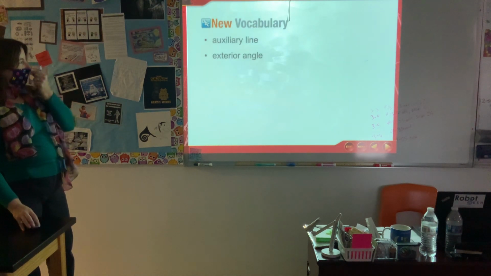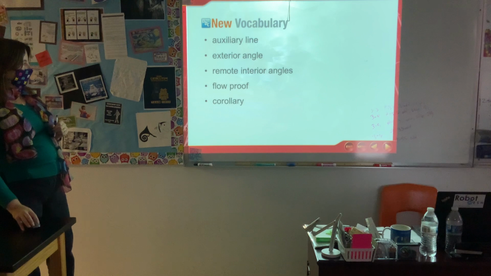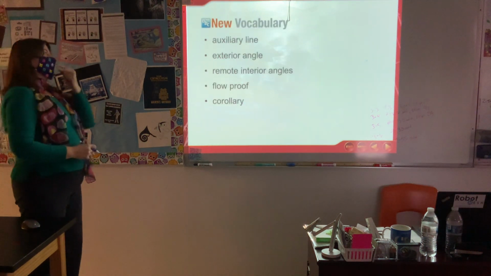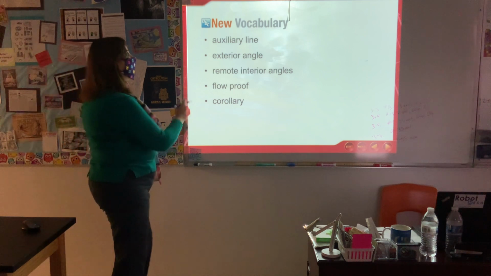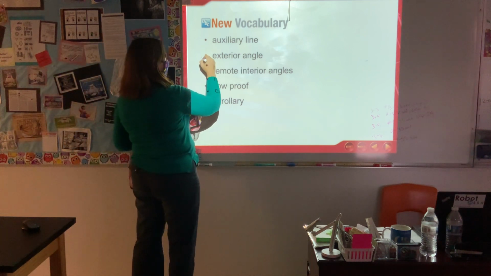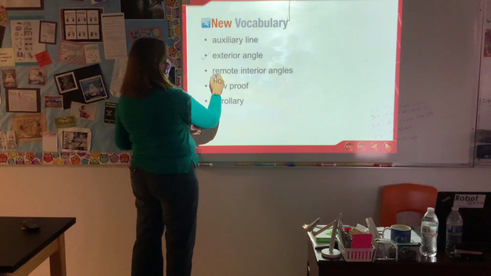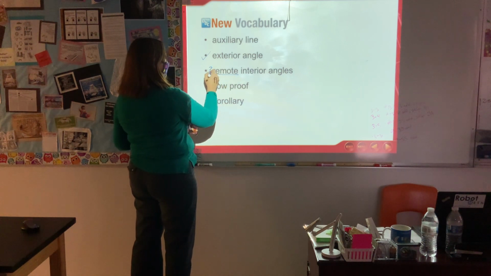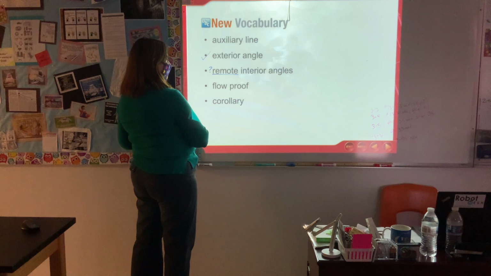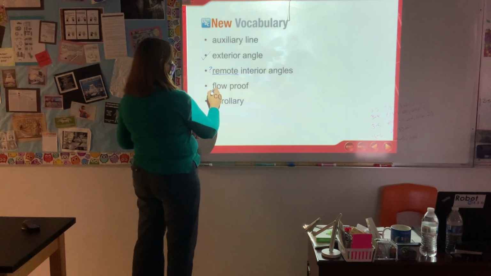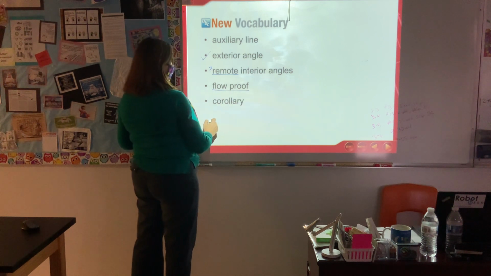Okay, so we have some new vocabulary. We're going to click through so we get the whole thing on there. We're going to be talking about exterior angles once again. We're familiar with those. Remote interior angles. I'm not really sure what remote means yet. We have a new type of proof called a flow proof.